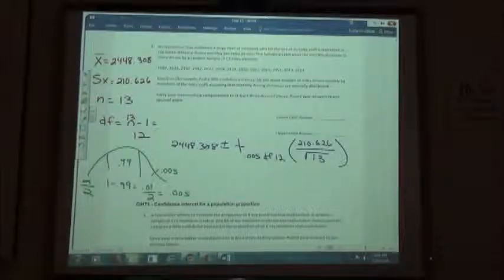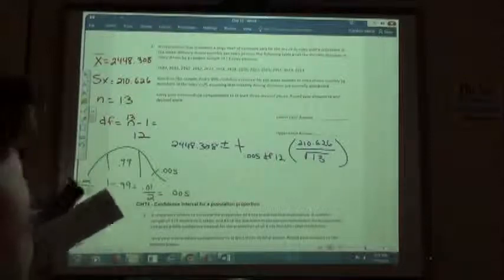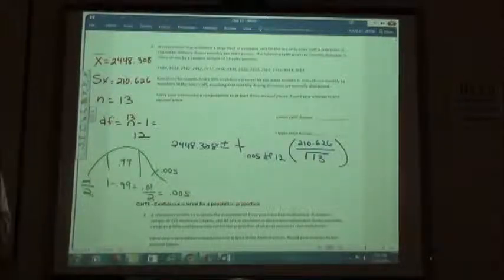So our X bar, 2,448.308, plus or minus the t sub 0.005 with the degree of freedom of 12 times our sample standard deviation of 210.626 divided by the square root of 13, which is our N value. And rounding off our answers to 1 decimal place, once you get that typed into the calculator.